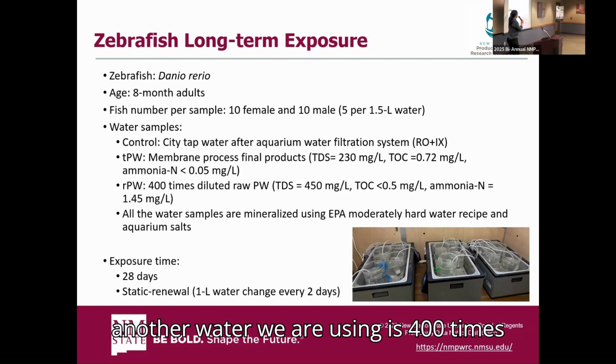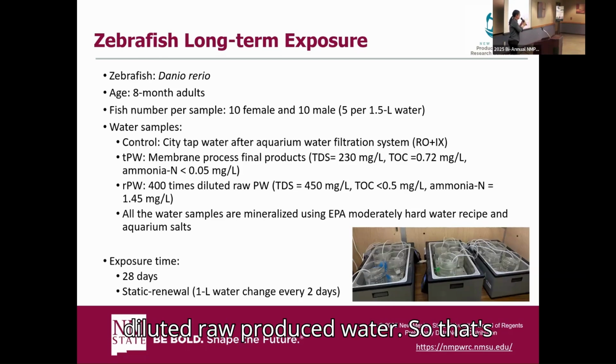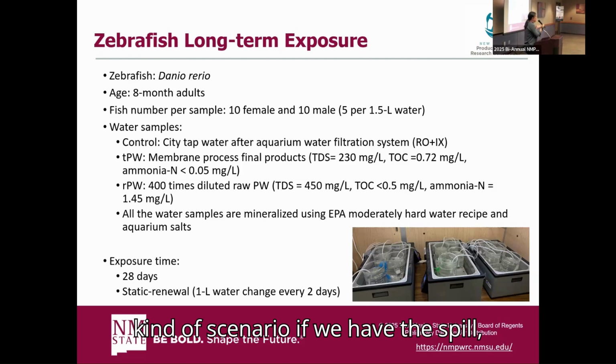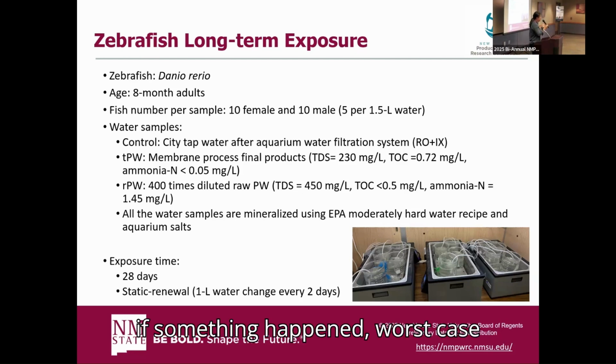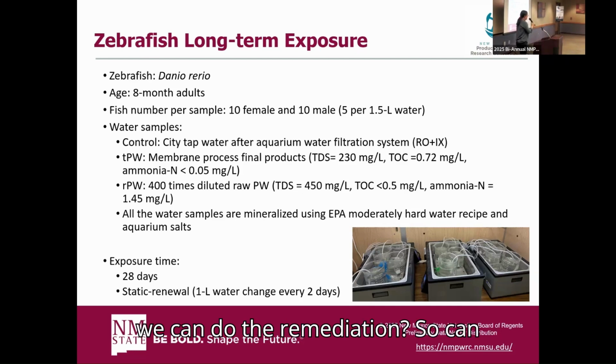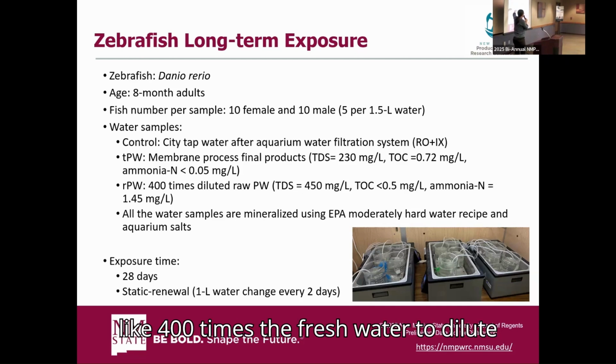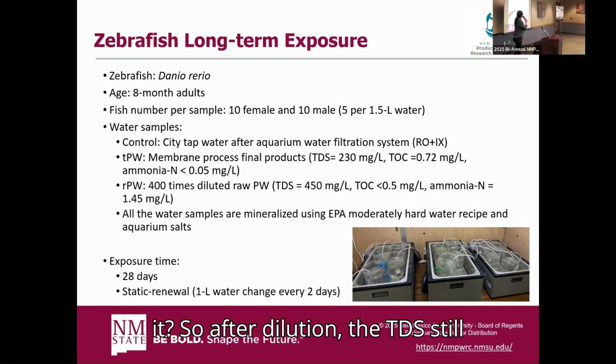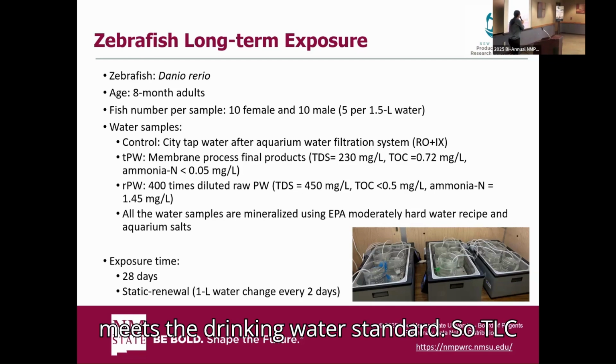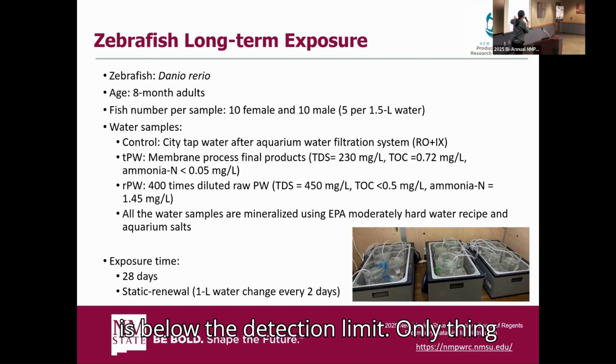Another water we're using is 400 times diluted raw produced water. That's a scenario if we have a spill, if something happens, the worst case scenario. How can we do the remediation? Can we just dilute the water using 400 times fresh water? After dilution, the TDS still meets the drinking water standard and TOC is below the detection limit.